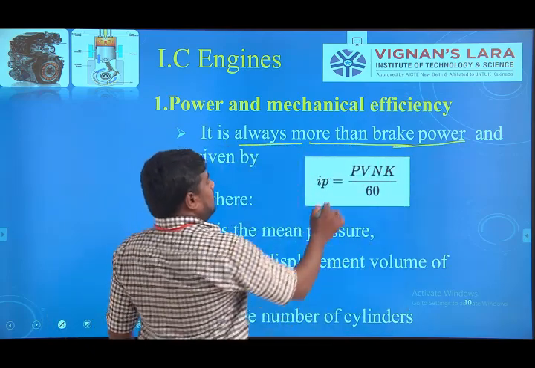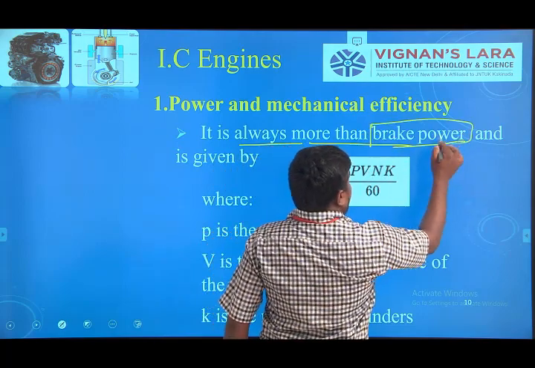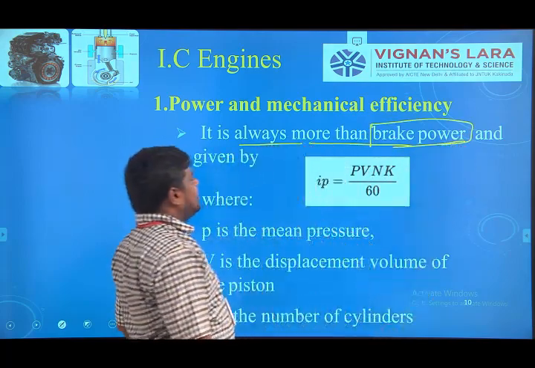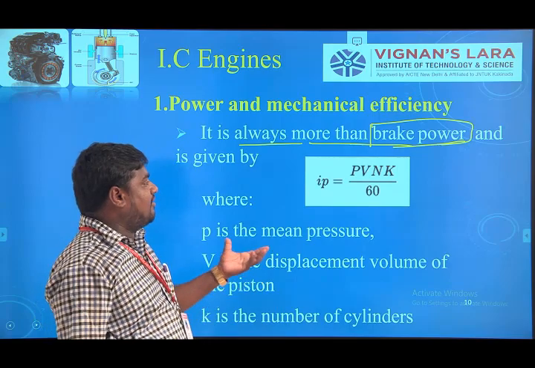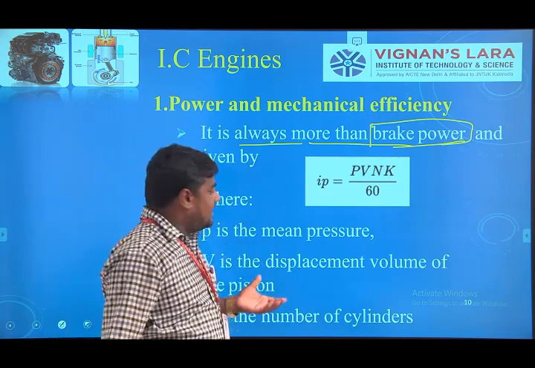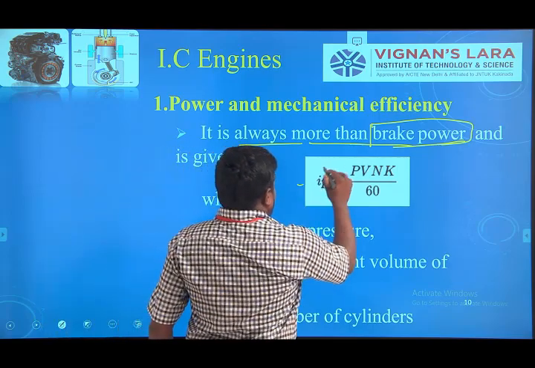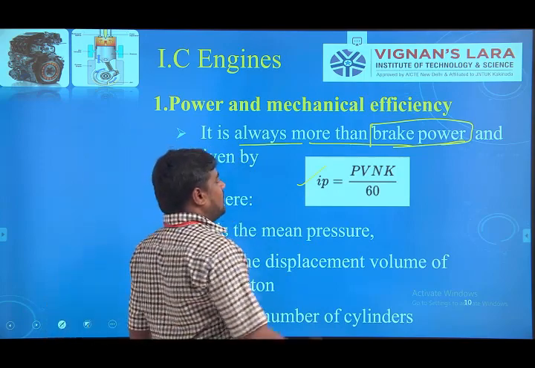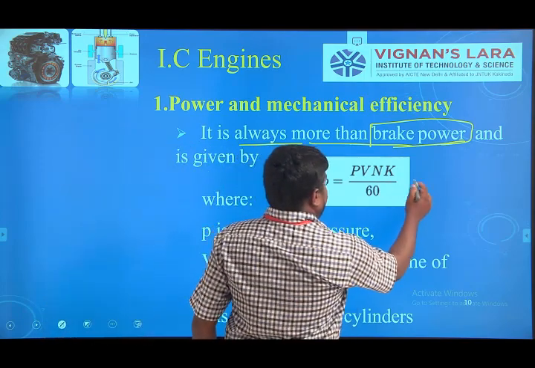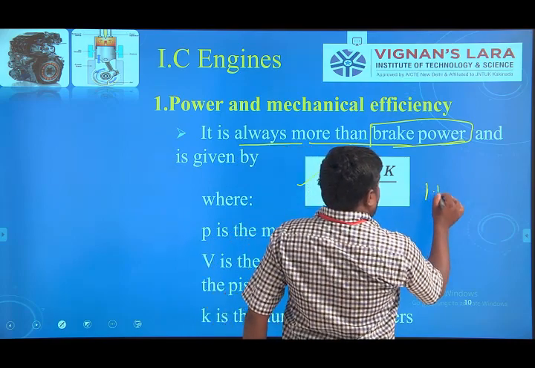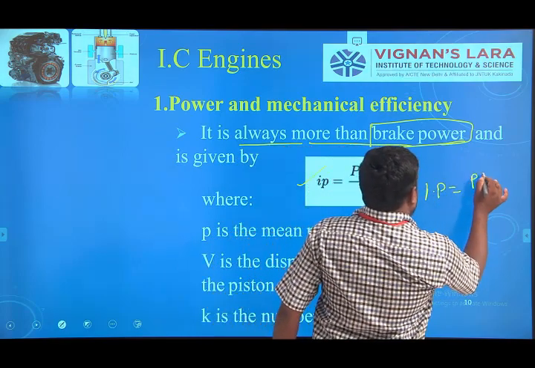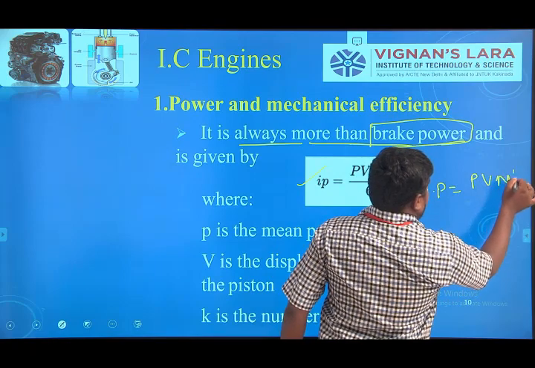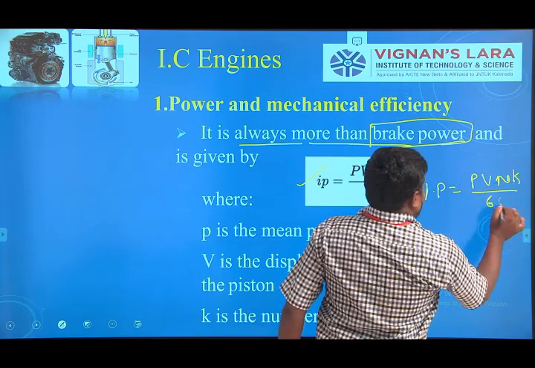This is the most important point: it is always more than brake power. We can shortly call it IP. So IP equals PLANK by 60.